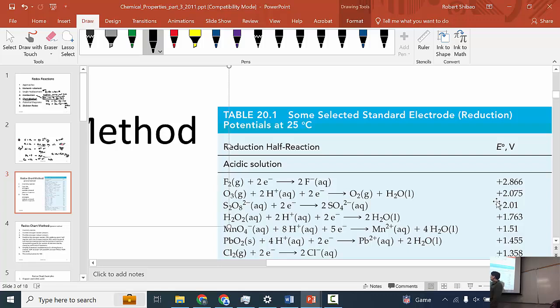So why is this electron poor? It's not because of the charge. It's electron poor because of either the sulfur or the oxygen. This permanganate has a negative charge. The permanganate's electron poor because of manganese. Manganese is +7 here. So +7 manganese is maxed out. It's electron poor. This is lead-4 oxide. Chlorine wants electrons. All these species want electrons.